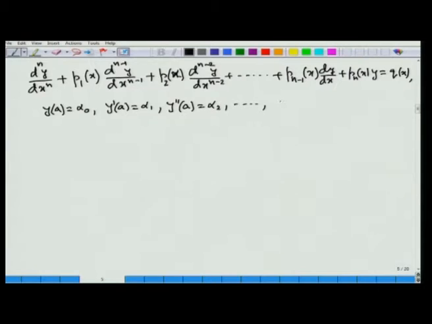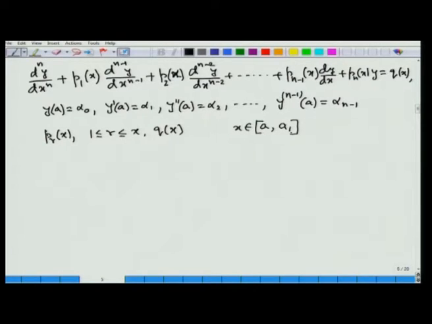In this way, y^(n-1)(a) equal to alpha n minus 1, and all these functions, that is p_r(x), where 1 less than or equal to r less than or equal to n, and q(x), are defined and continuous over some closed interval of x starting from the left at a and on the right ending at say a1.